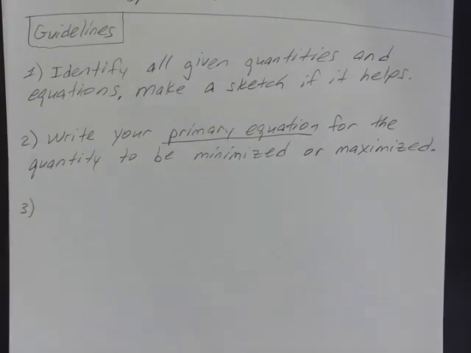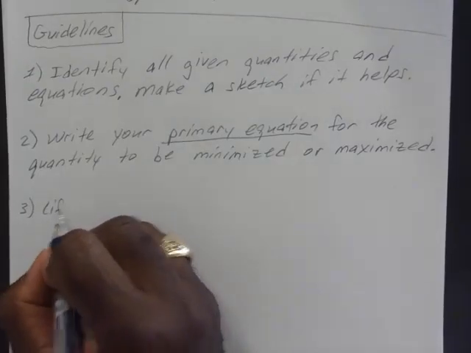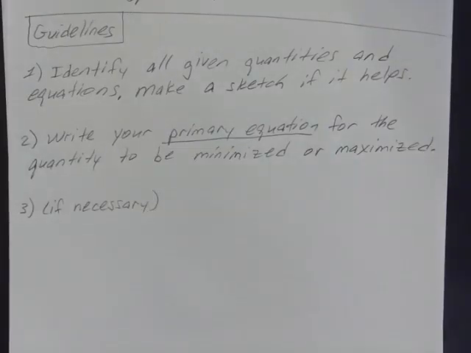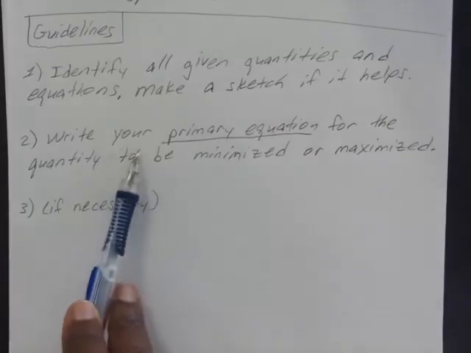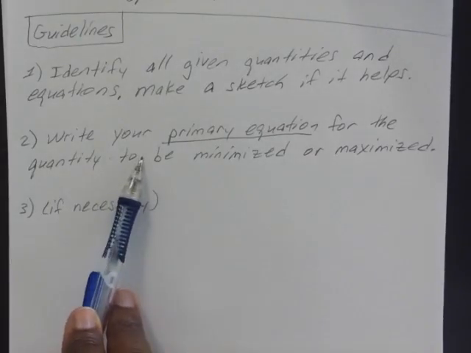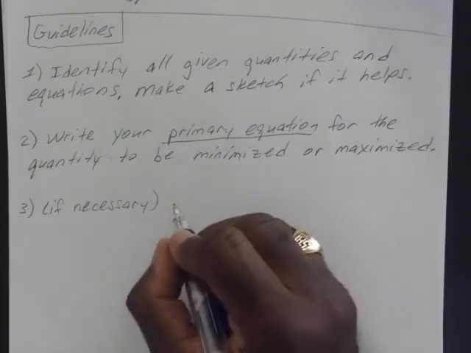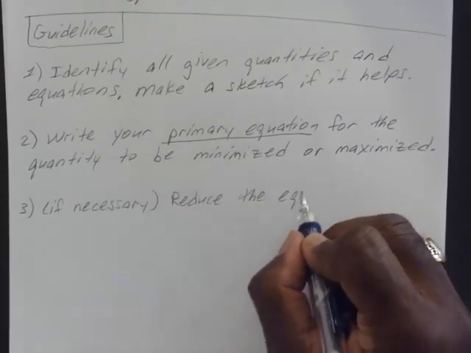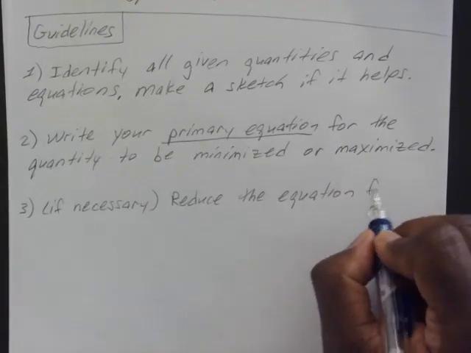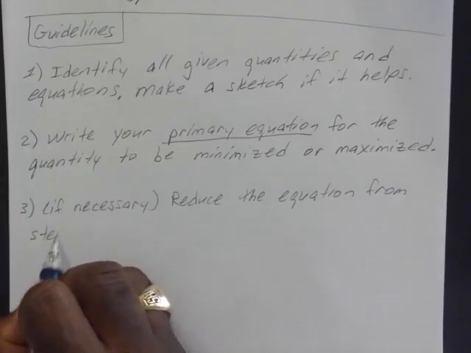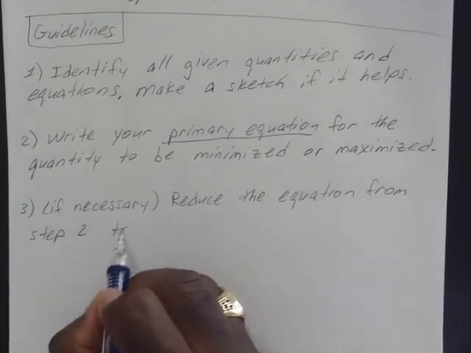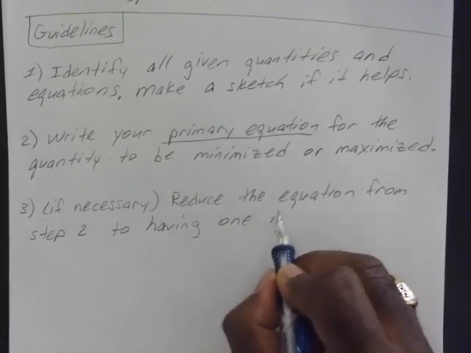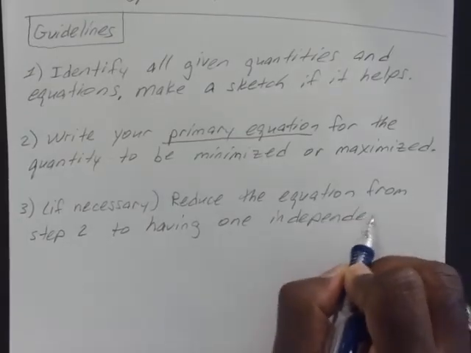Okay. Now the third step is only if it's necessary. So you want to reduce the equation in step 2 to an equation of one variable, to having one independent variable.